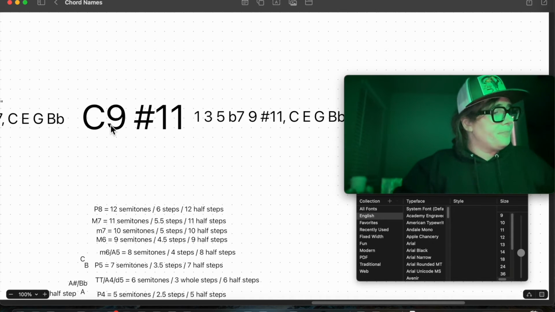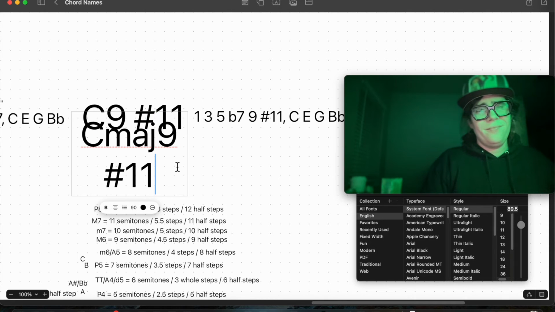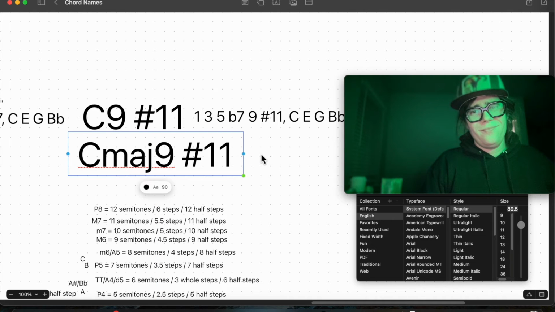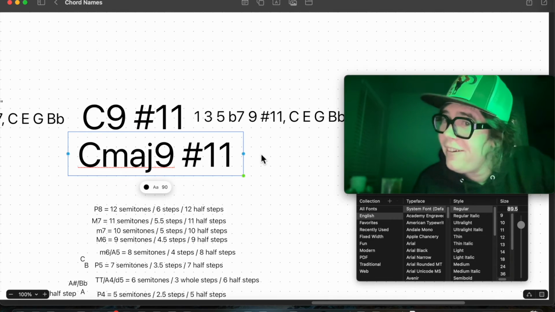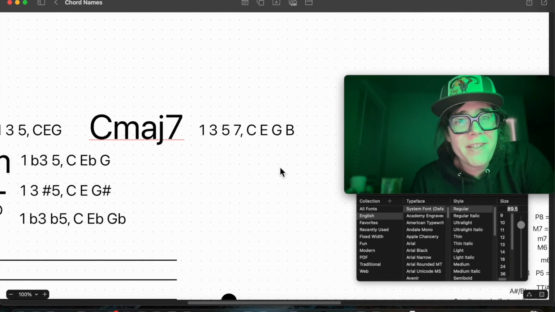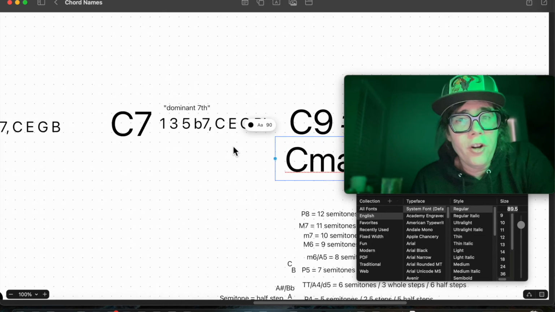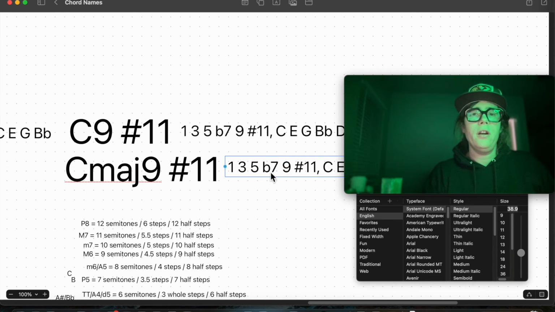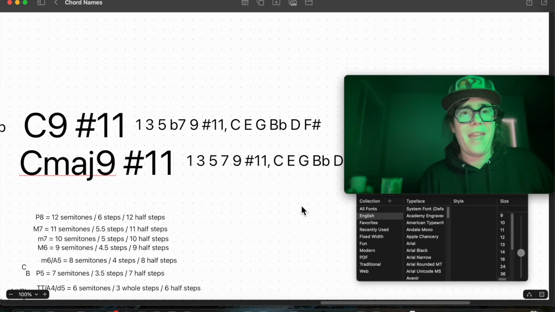If I added, can you guess what that difference would do based on what we said earlier? If that said C Maj 9, ooh, that would infer, copy this, that would infer not a flat 7, but a natural 7, and the 9th, and the sharp 11.